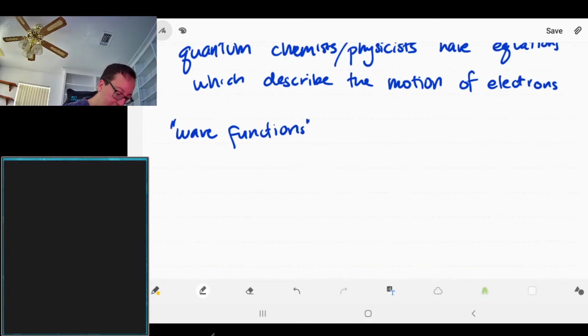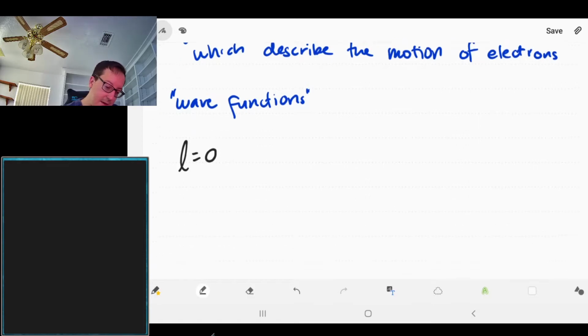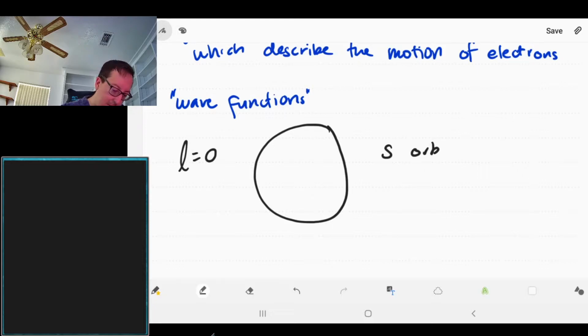And so for L equals 0, that's our first one. I'm just using these letters to correlate between these. So our very first drawing, where we have no nodes, we get what is called an s orbital. It is spherical.